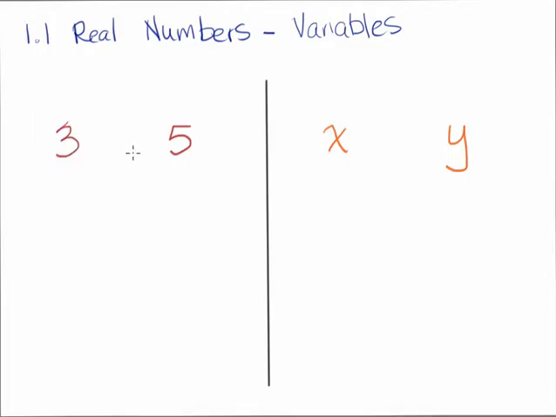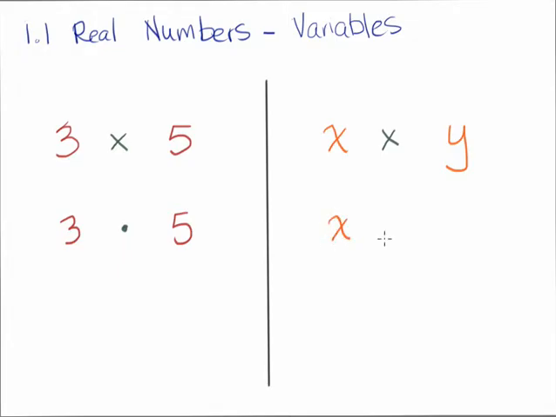A note about multiplication. A minute ago, I used this symbol to indicate multiplication. That's fine, but I can also write 3 times 5 as 3 dot 5. The dot also means multiplication.